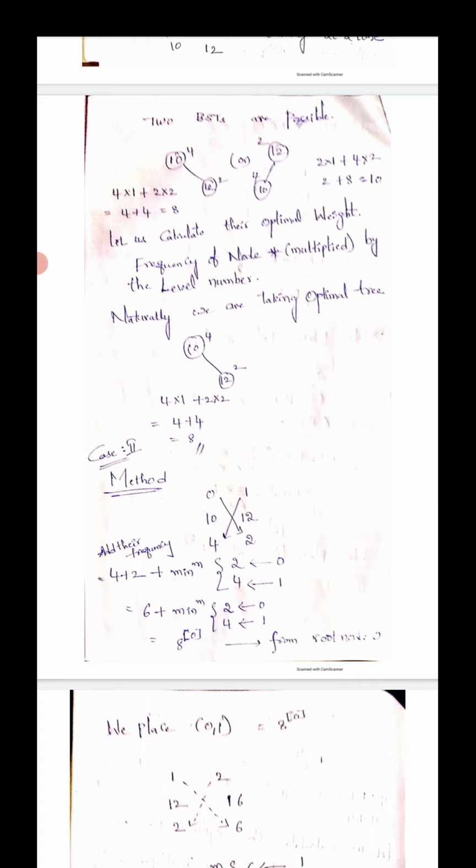And at which position do we add it? At the 0th position. From root node 2, we take it as the 0th position, that's why 6 plus 2 is 8. At the 0th position we take 8, so for 0 comma 1, how much do we write? 8 with subscript 0.